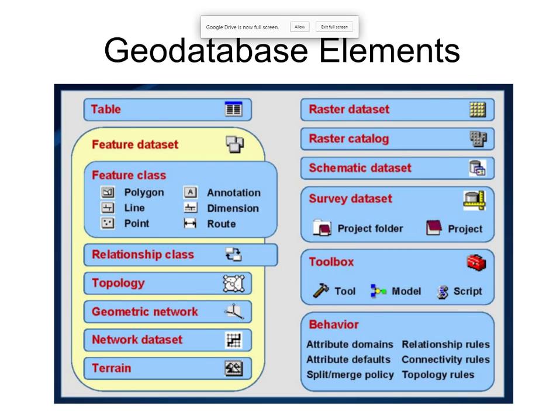These may be organized in feature datasets. We can also have things like geometric networks, network datasets, terrains, topologies, survey datasets, and a whole host of other things. These geodatabase elements can have behaviors defined by attribute domains and topology rules, to mention a couple.